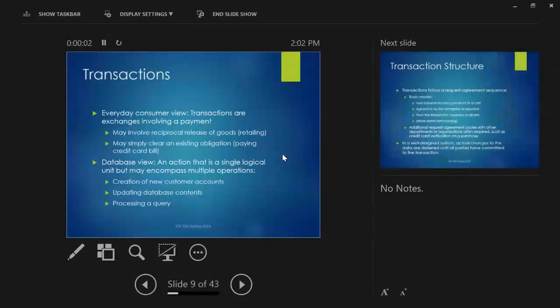So when we're talking about transactions in a database context, we mean an action that is a single logical unit, right? Trying to do one thing, but doing that one thing for the databases might involve multiple systems or multiple copies of the data. So, for example, if you create a new customer account in some system, that's probably going to create echoes to other systems. For example, if there is a business that does customer relationship management, right?